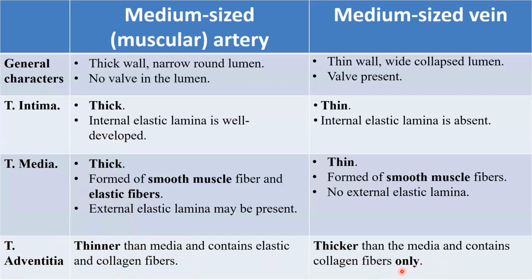Remember that the presence of smooth muscle in the adventitia is characteristic for inferior vena cava only. They are not present in any other vein. So here the adventitia is thick, but it's only formed of connective tissue containing collagen fibers and vasa vasorum. No elastic fibers and no smooth muscle fibers. This is regarding the medium-sized artery compared with medium-sized vein.